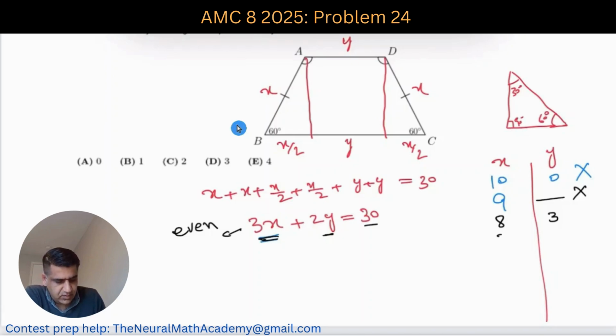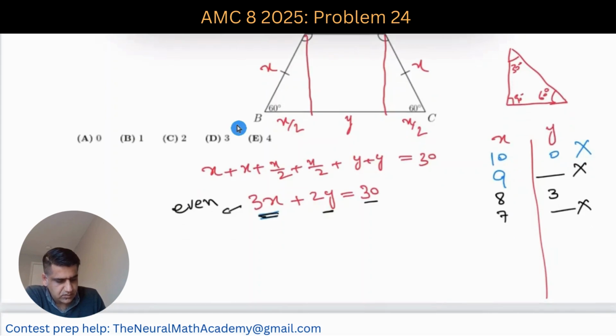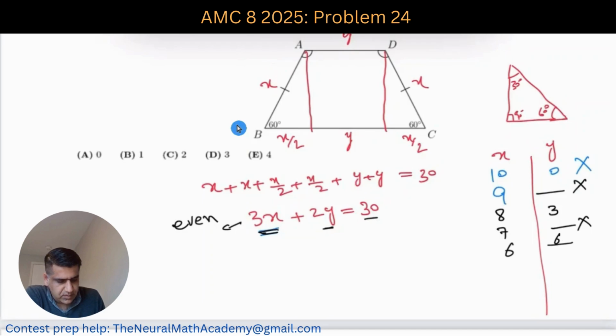Then 7 will not be an option, and I will just cross that out. 6 could be another option, and it will be 18, and then I need 6 and 6. 5 will not work, 4 will work: 4 and 9. 3 will not work again, and 2 will work: 2 and 12.